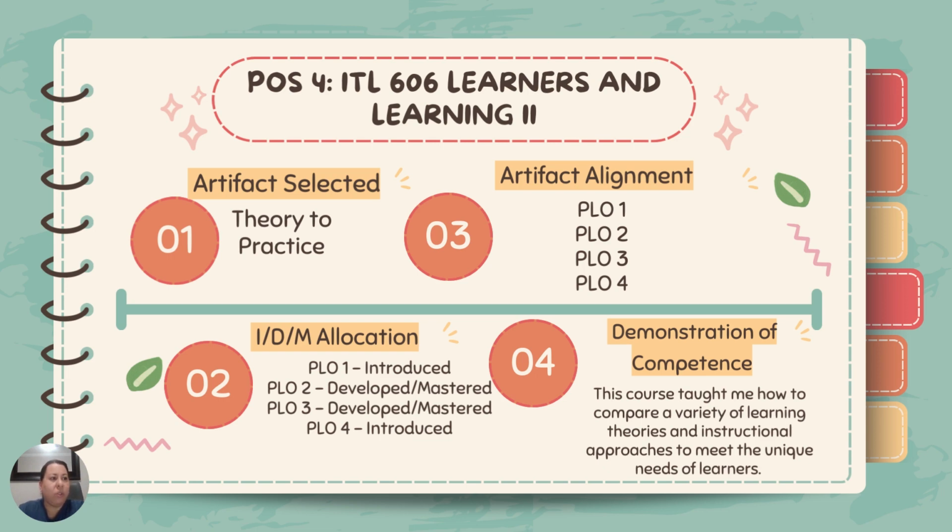The course introduced how to compare a variety of learning theories and instructional approaches to meet the unique needs of learners. It introduced adolescent development in the identification of appropriate instructional services, including methodologies, strategies, resources, and technology to support a wide range of learners and ensure equitable access to curriculum.